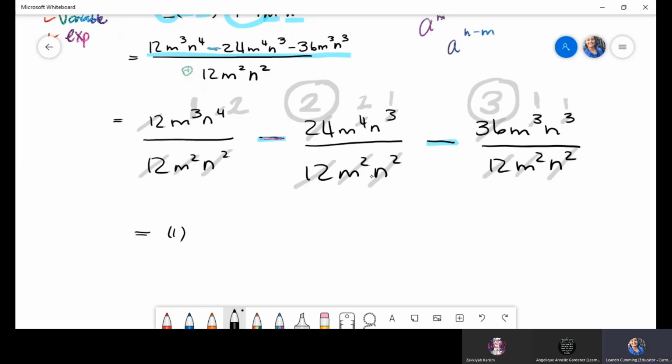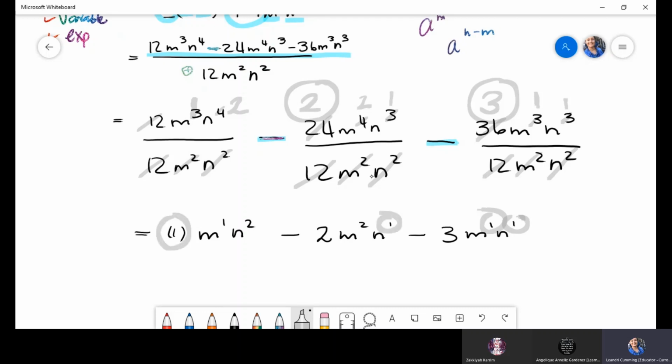That's just 1 m to the power of 1, n to the power of 2, minus 2 m to the power of 2, n to the power of 1, minus 3 m to the power of 1, n to the power of 1. I don't have to write these ones. These are just there, even like this placeholder here.